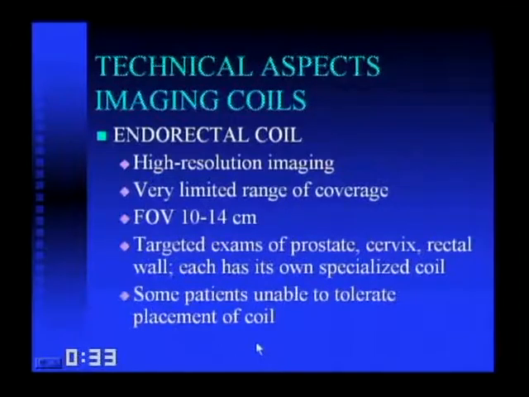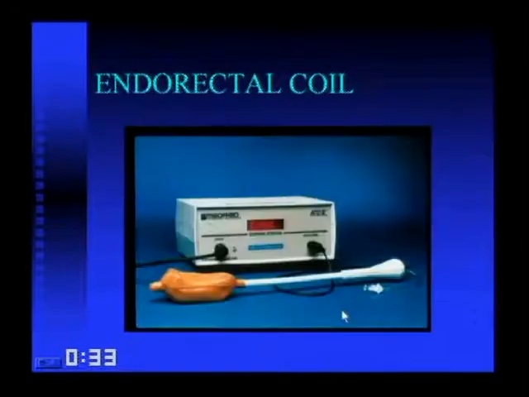Keep in mind that some patients will not be able to tolerate placement of this coil, and this is why. This is how big these coils are. The whole thing has to go in, and in someone who's got rectal disease, particularly someone perhaps with Crohn's disease, or if their gynecologic tumor is locally advanced, they may not be able to tolerate placement of this coil.